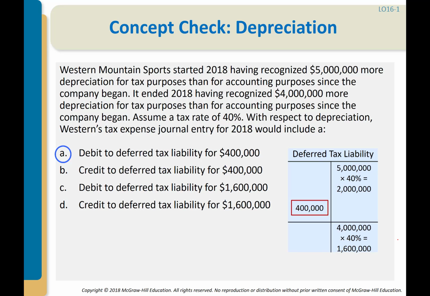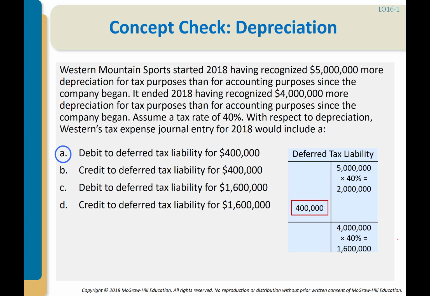Okay. Then they go ahead and they say what? Well, now some of this has already started to turn around, hasn't it? And so we only have 4 million that we will recognize in future years. So that means what? We now only need 1.6 million in here, don't we?